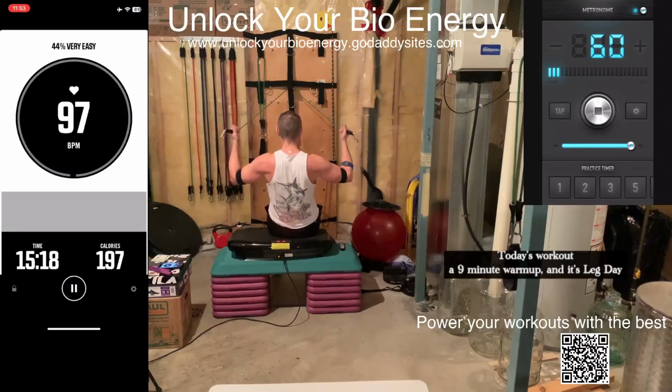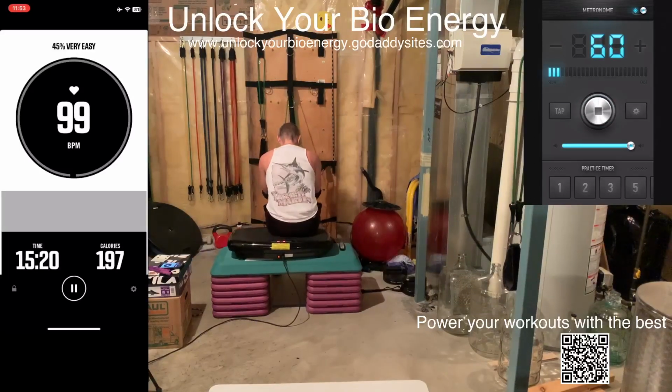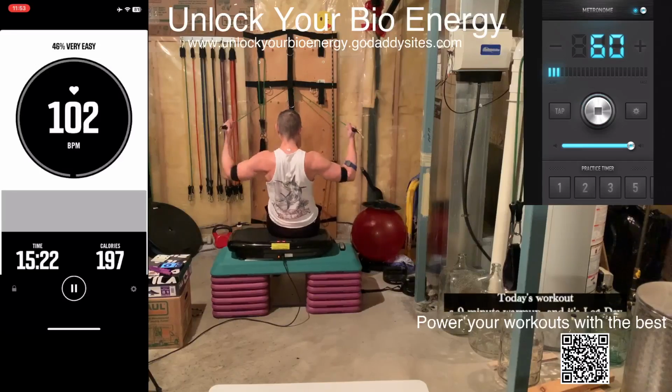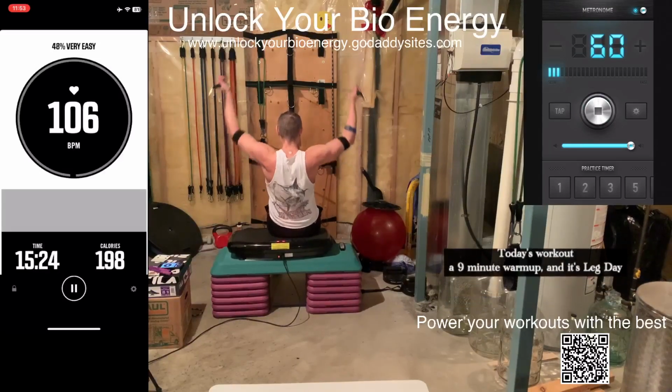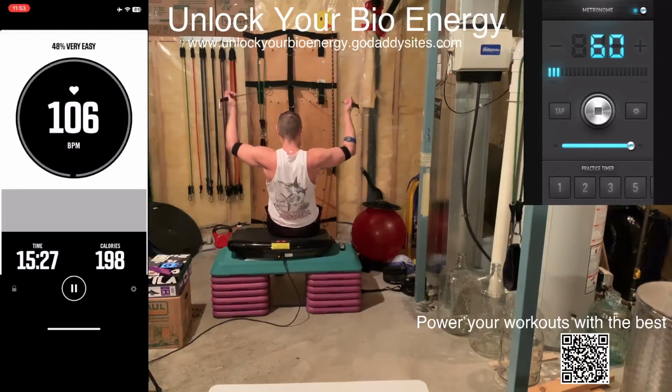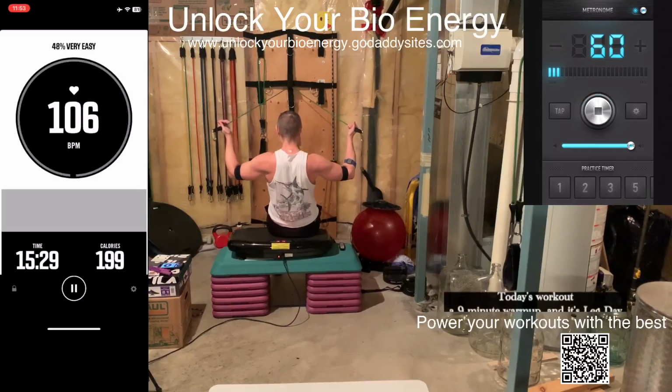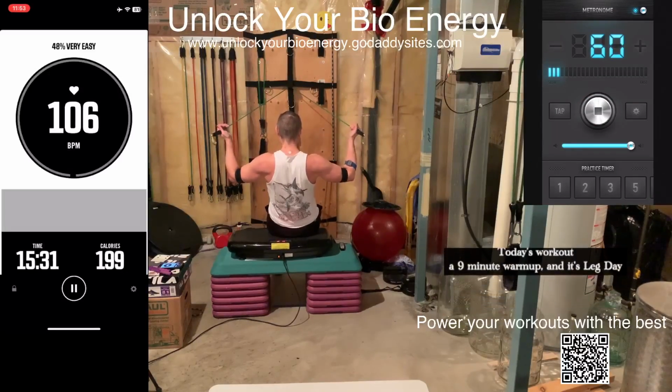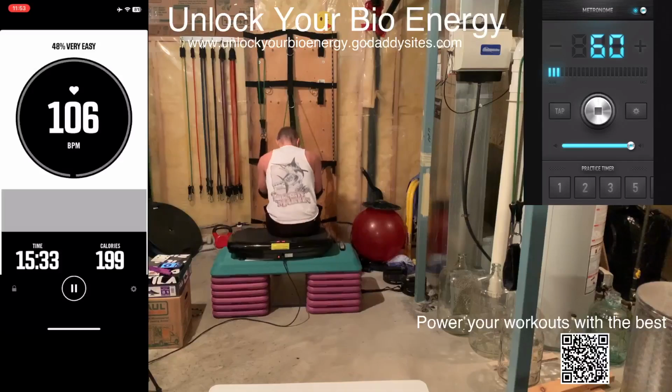So here I'm trying to pull the bands apart a little bit at the top of the movement. Holding it isometrically. Oh yeah.